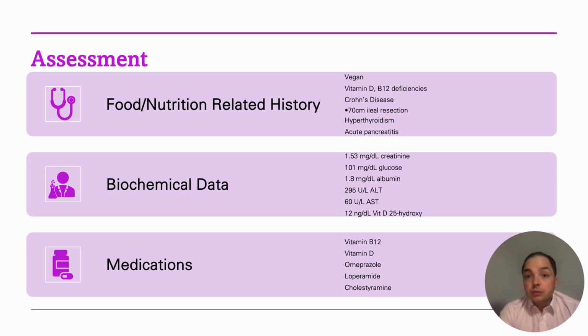The patient normally supplements vitamins B12 and D, but it would stand to reason that as a result of her lack of appetite and total intake altogether, these supplements were likely not being taken up until her hospitalization.